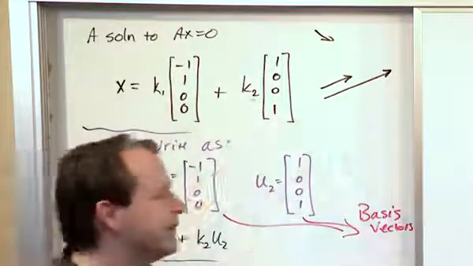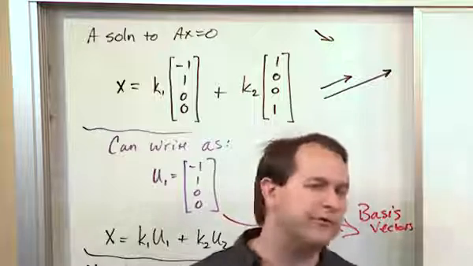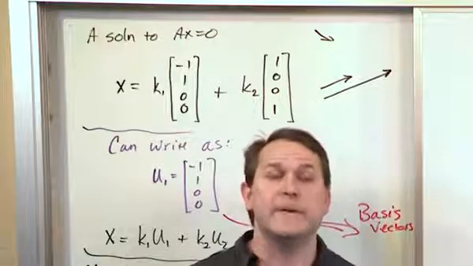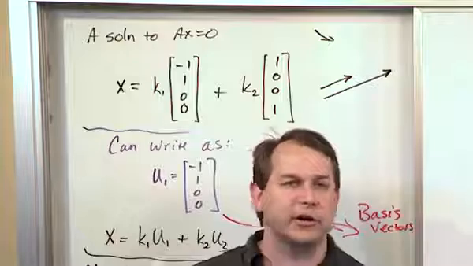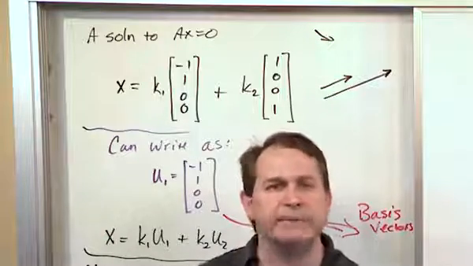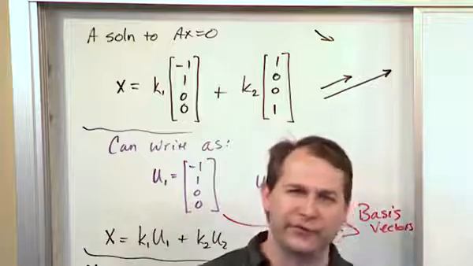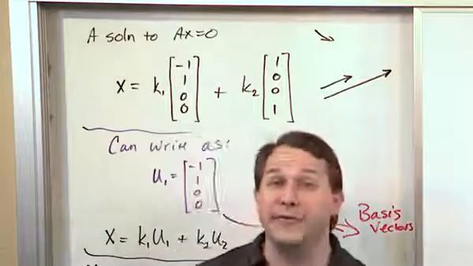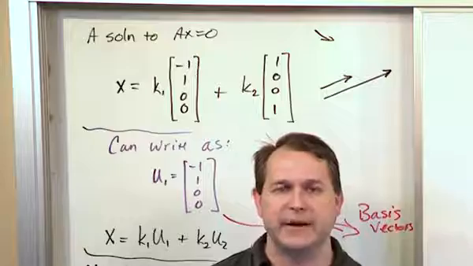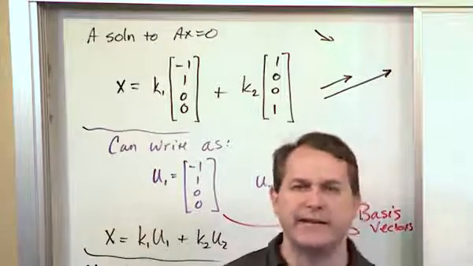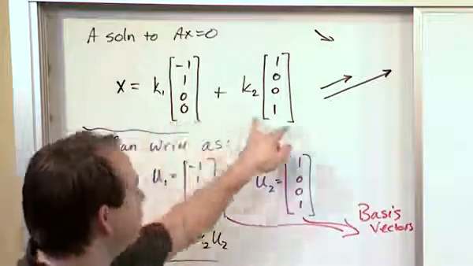And these two vectors are kind of the fundamental ones, right? You can choose any number you want for k1 and k2. The linear combination of those vectors is going to give you the entire infinite solution set that we have. But those fundamental vectors, the base vectors, that's why we call them the basis. So when you see something like, hey, write the basis down, it's just telling you, hey, find these fundamental vectors here.